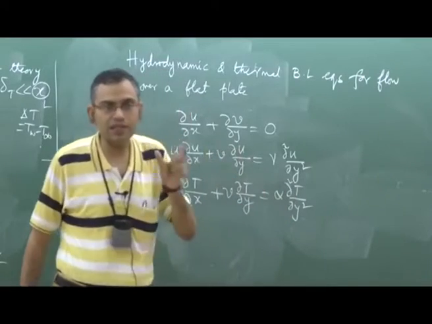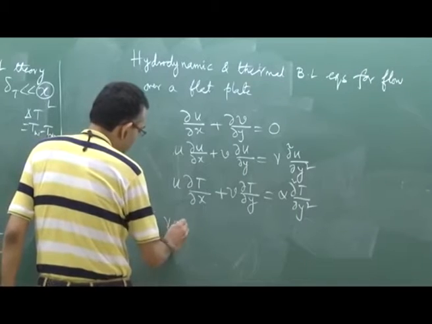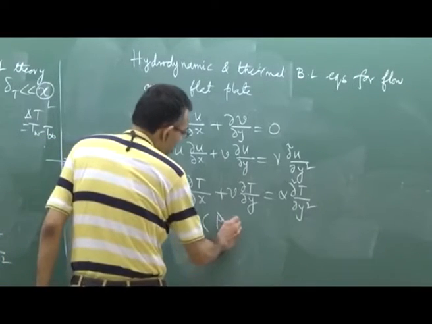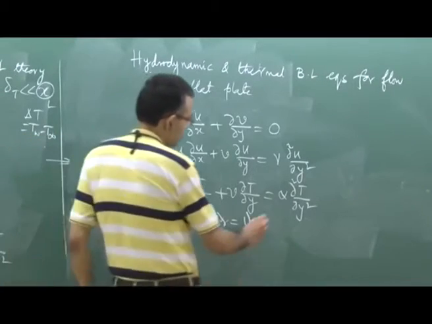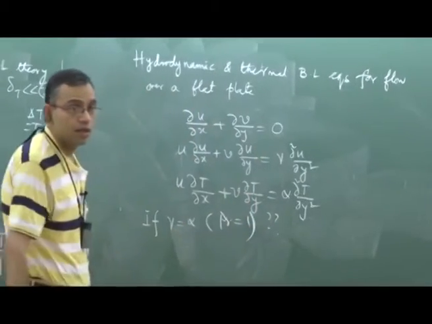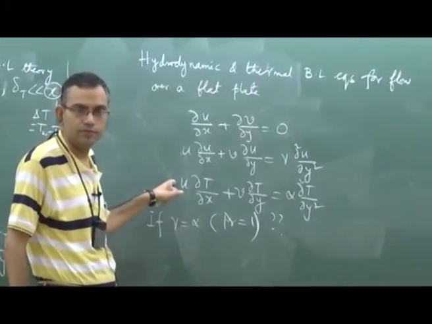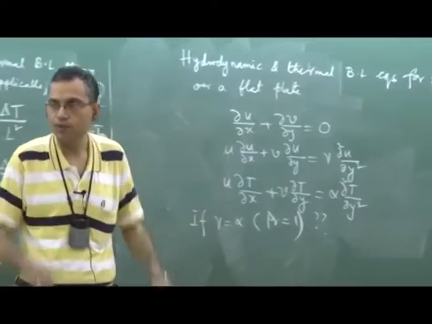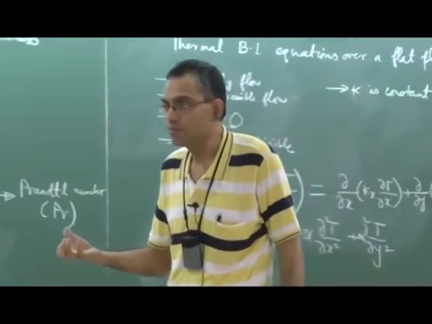So, if we consider a situation, if nu is equal to alpha, that is Prandtl number equal to 1, then what happens? If Prandtl number equal to 1, these two equations are the same, basically the same form. So, the question is, will the solution be the same?